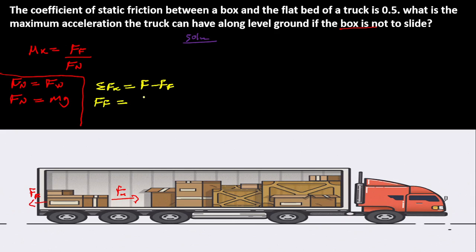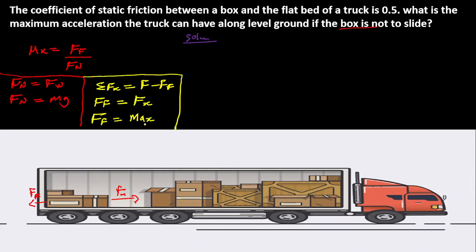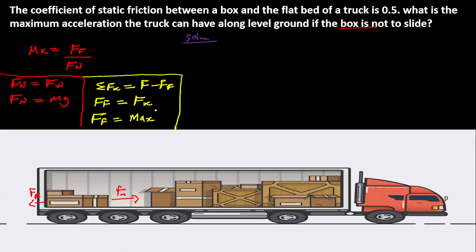Now, F of friction is simply equal to m ax. ax is just the acceleration which is causing this box to have that motion. So this is the information that you have. Your job now is to replace whatever you have in the formula.